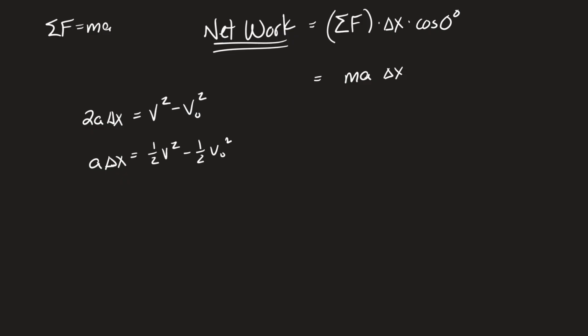Can you see why I'm doing this? Can you see why I'm doing it now? It's always easier to measure velocities and accelerations, isn't it? I'm going to do a substitution then.